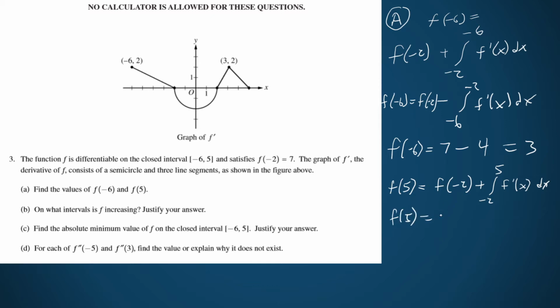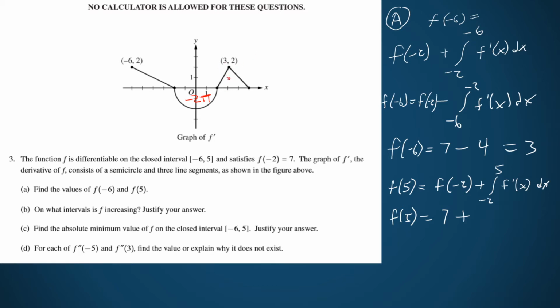Once again, f of -2 is given as 7, but we do need this area. This is a semicircular area with a radius of 2, and it's negative. So what should that total area be? Negative 2 pi. And the other part is 3.